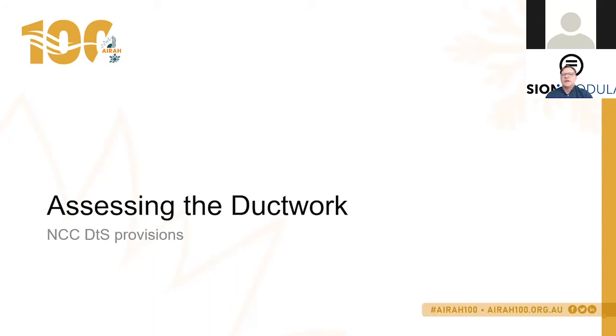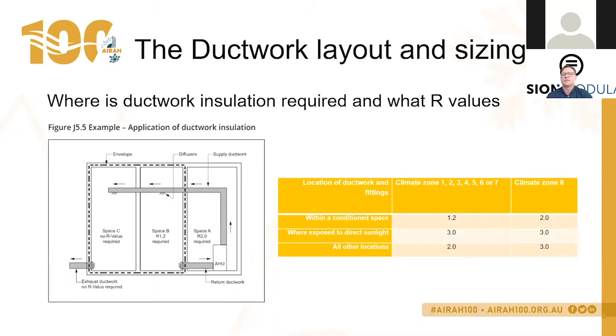So now let's have a look at the duct design and particularly around that pinch point. But first of all, let's just look at duct design and duct locations in general.